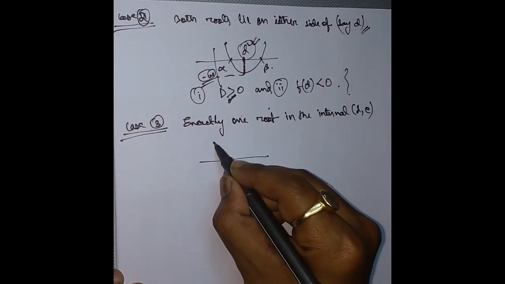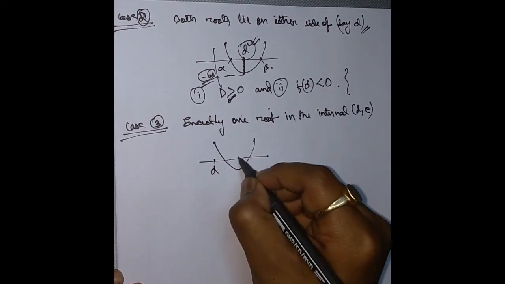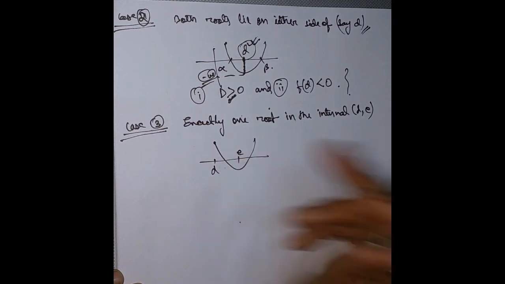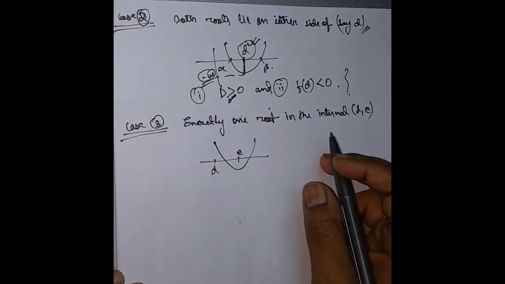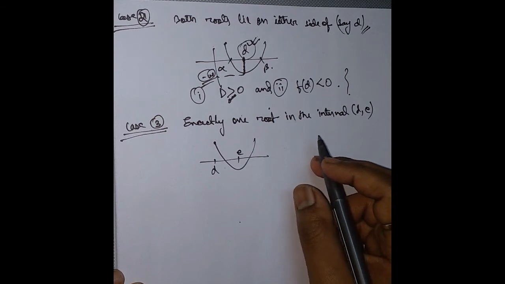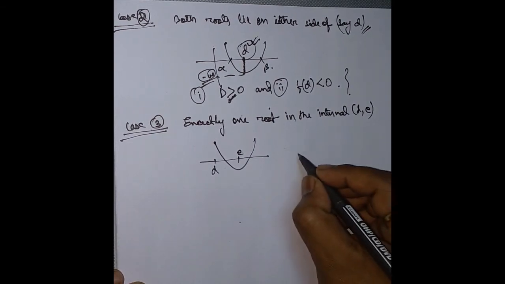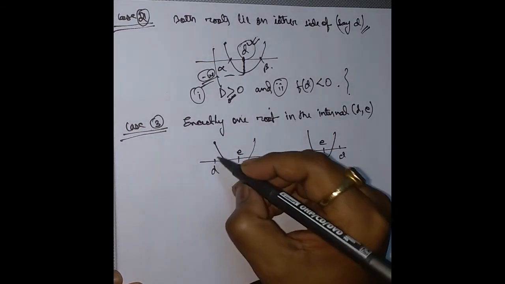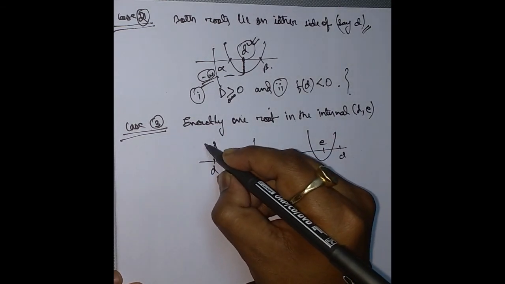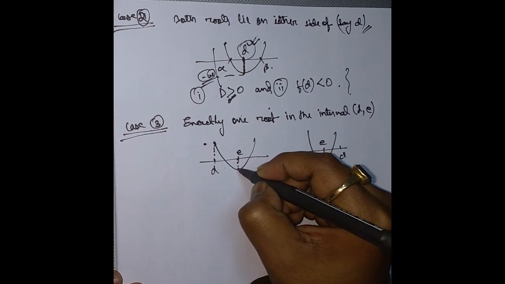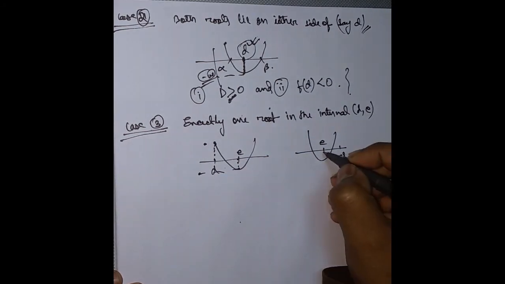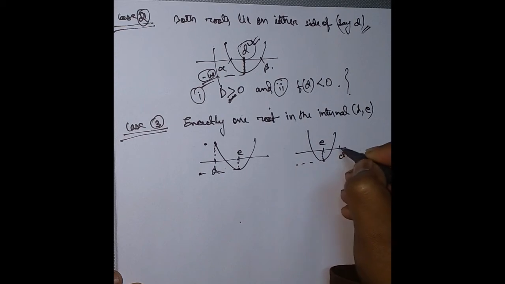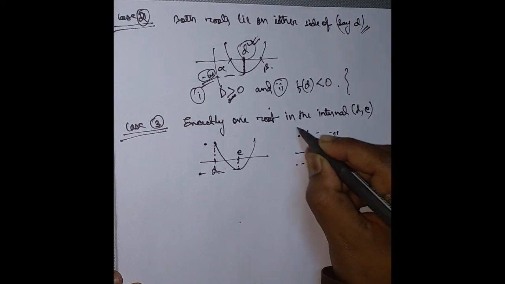Look, students, it can be like this: d, e, exactly one root, or it can be like this: d, e. It can be either way. You see, f of d is positive and f of e is negative, or f of e negative, f of d positive.